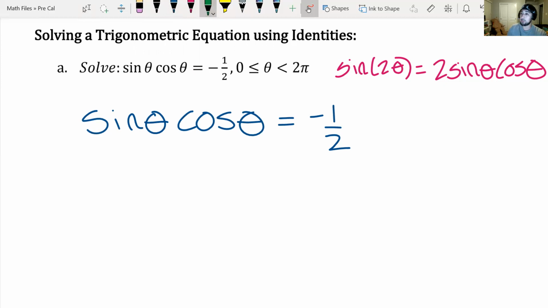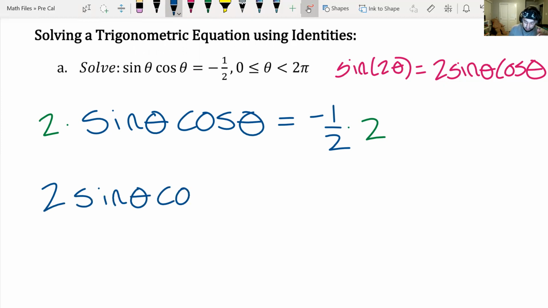So to get a 2 over to the left side, all we have to do is multiply both sides by 2. And we get 2 sine theta cosine theta equal to negative 1.